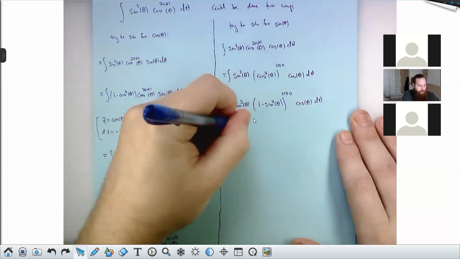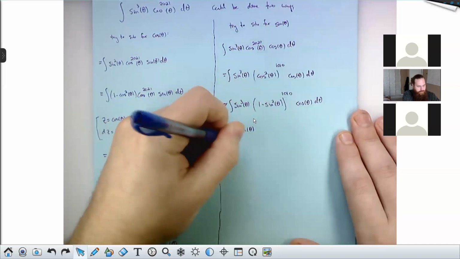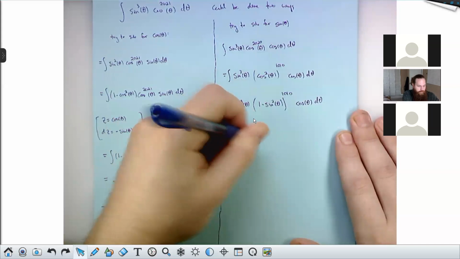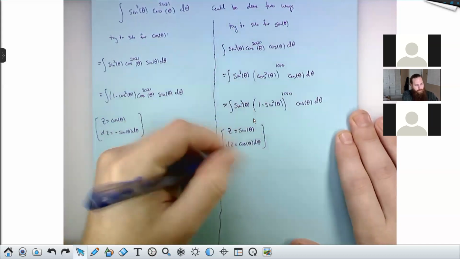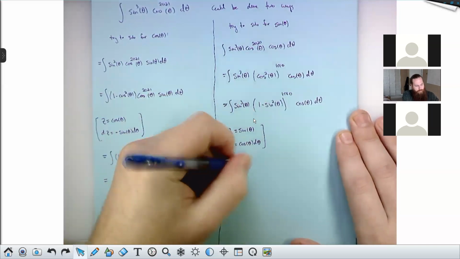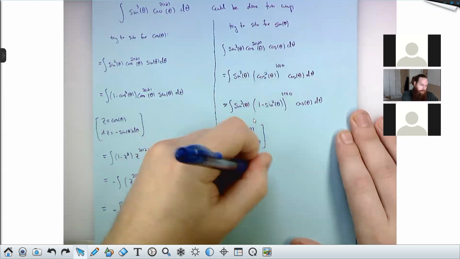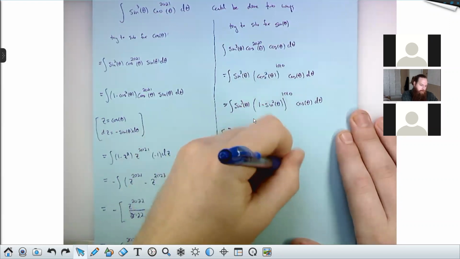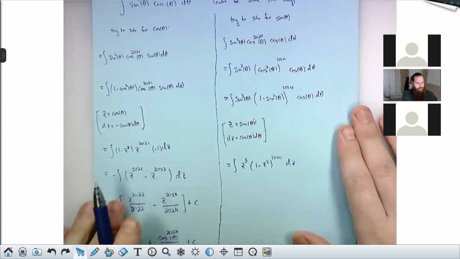Z here would be sine theta. So dz here would be cos theta d theta. The substitution goes through just fine. And the integral is still a polynomial. It'll be the integral of z cubed times 1 minus z squared to the 1010 dz. But fuck this noise, right?